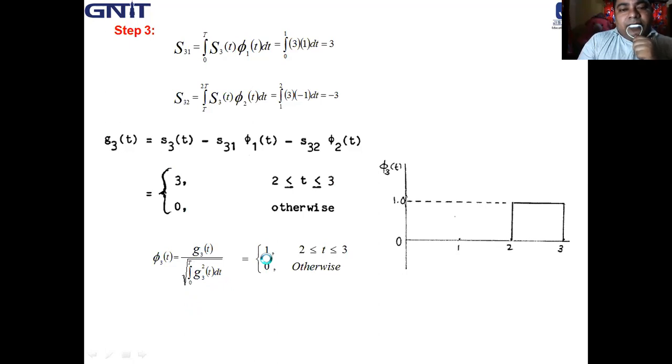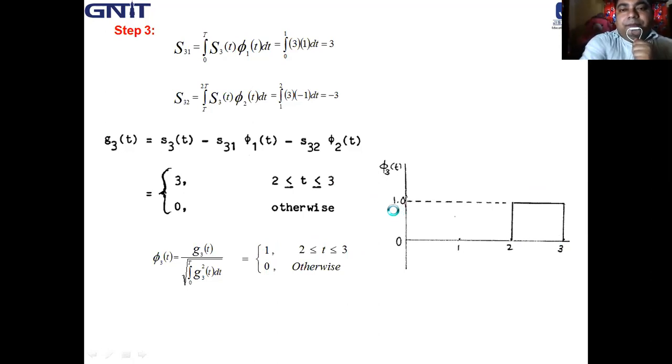So it is 1 where t belongs to 2 to 3, and otherwise it is 0. The third basis function is represented in the figure here, which is phi 3(t), which exists from 2 to 3 time period, and it has an amplitude of 1 unit.